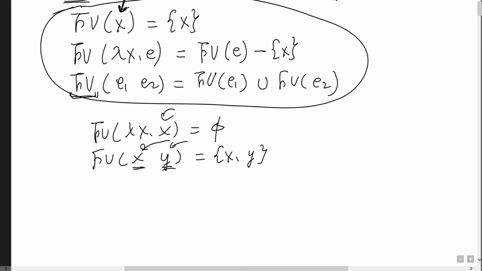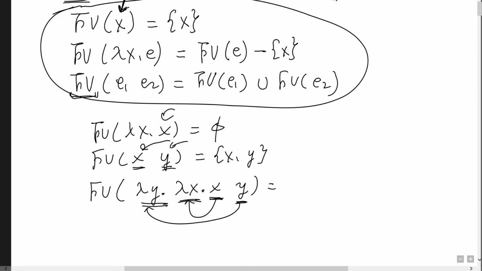What about the free variables of lambda y, lambda x, xy? In this case, this variable x is going to be bound here, and this variable y is bound here. So we find no free variables.